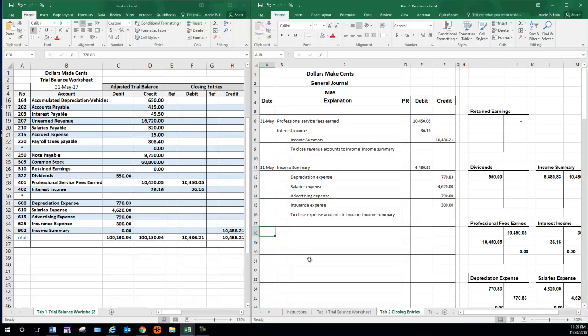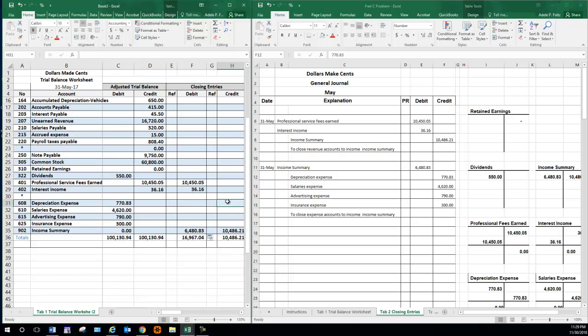So I'm going to take our closing entry here, and I'm going to post it over here in my trial balance. So we debited income summary for $6480.83, and we were crediting our expenses here. So we credited, notice I'm in the credit column up here, see?